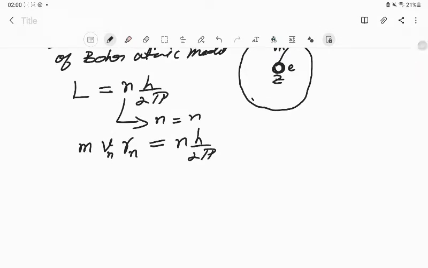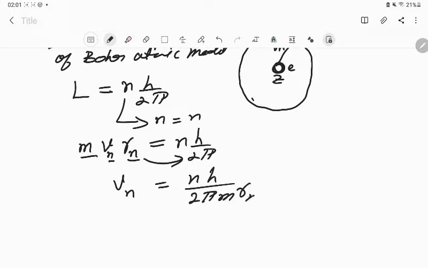Now from here, vn will be equal to n h by 2 pi m rn. Make this equation 1.